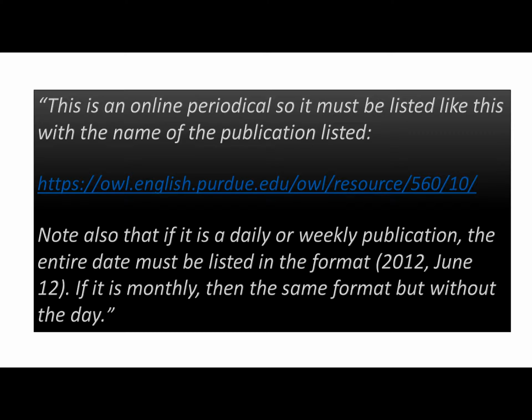So in a reference list where a student has provided what they think is a reference listing for an online periodical, but it's not formatted properly, I, in one click, can say, this is an online periodical. Maybe they thought it was a book or something else. I'm telling them what it is, and then I'm directing them to a resource which gives them exact detail in a couple pages of how to format this particular type of reference. I also provide additional information, which is if it is daily or weekly, you've got to use the whole date.